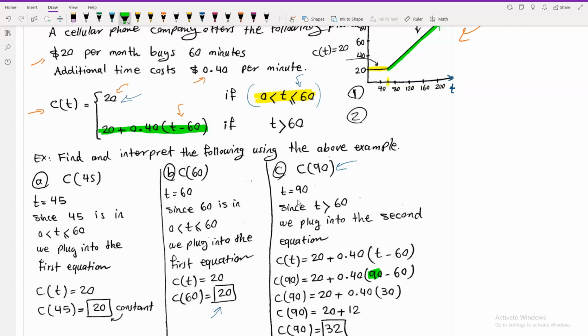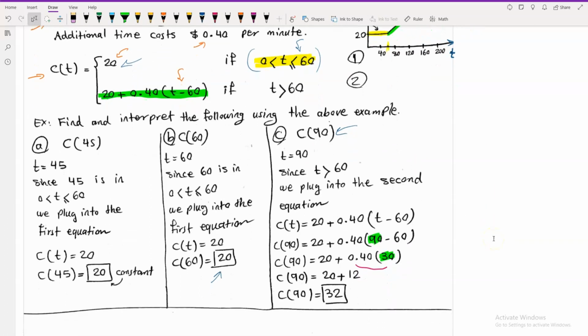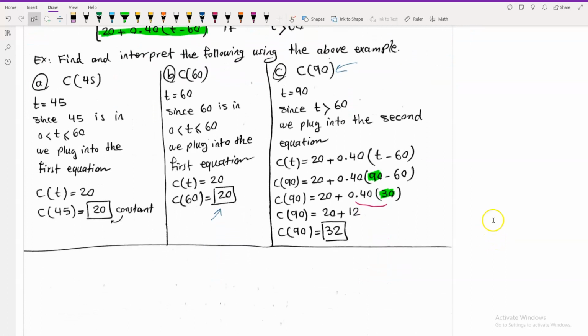So 90 minus 60 is 30 minutes times 40 cents plus $20. So we're going to have 20 plus 12. We have to multiply this part first and then add 20. So cost is $32 when time is 90 minutes.